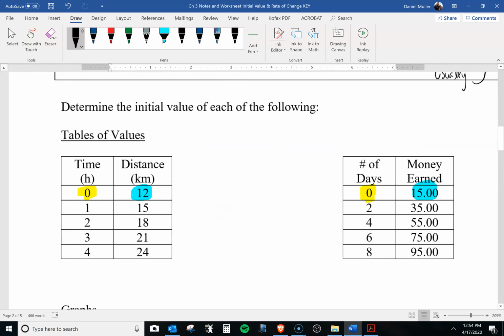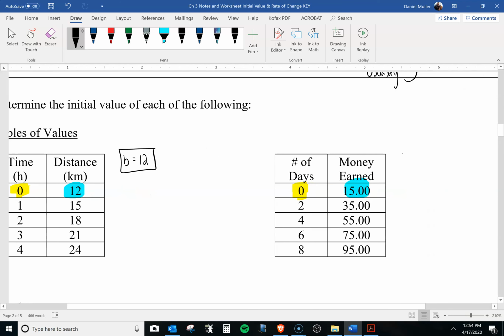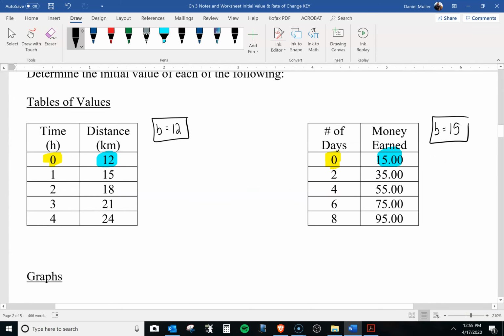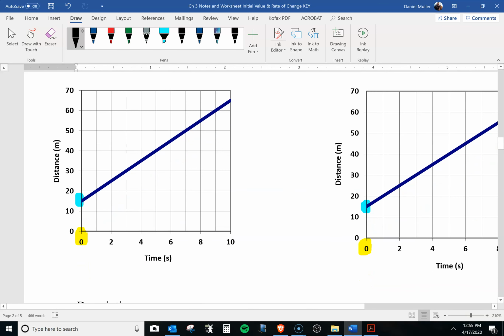Our initial value, for whatever reason, we say B. B is our initial value. So our B value here, our initial value, is 12. For this one, our B value is 15. For this graph, the initial value is 15.